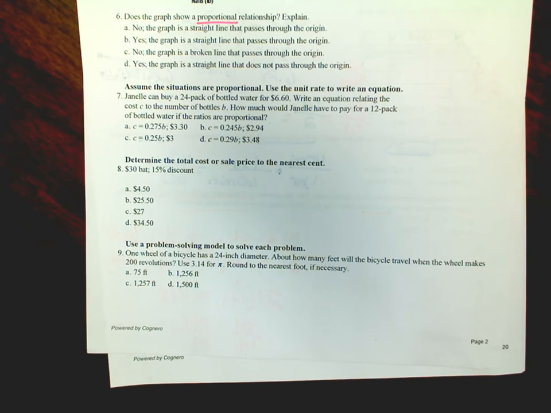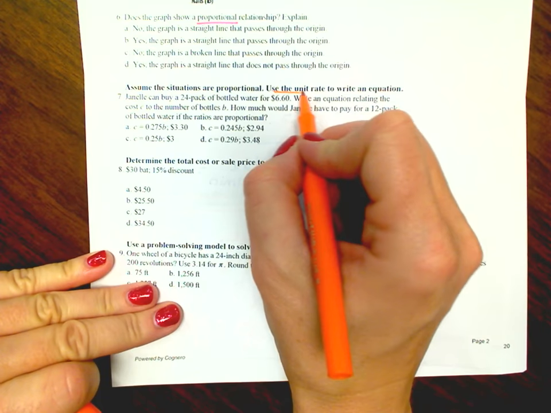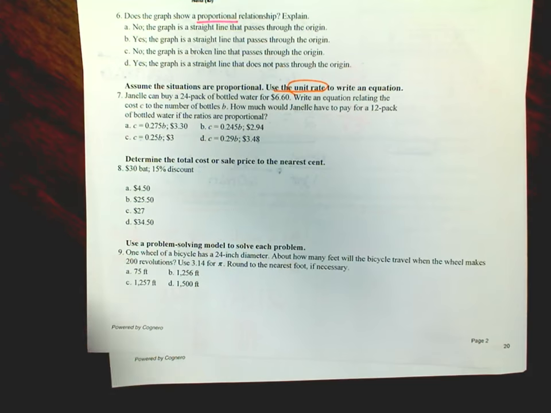Number 7, assume the situations are proportional. Use the unit rate to write the equation. We're going to want to use the unit rate. Janelle can buy a 24-pack of bottled water for $6.60. Write an equation relating the cost to the number of bottles.